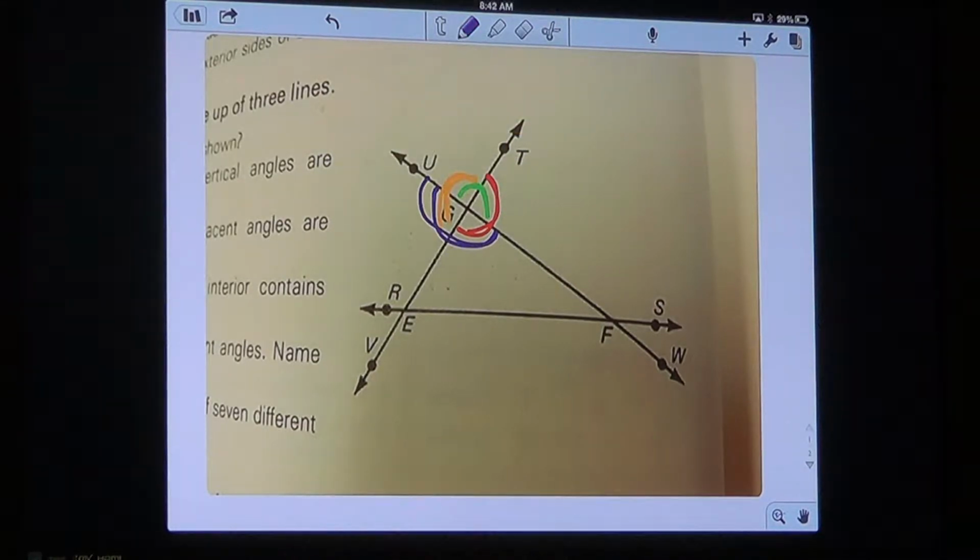They're next to each other, and they share a ray. I thought it couldn't be a straight line. No, it can. As long as they share one side, or a ray, of the angle, but don't have any points in the middle in common, they're adjacent. So that's 4 right there.